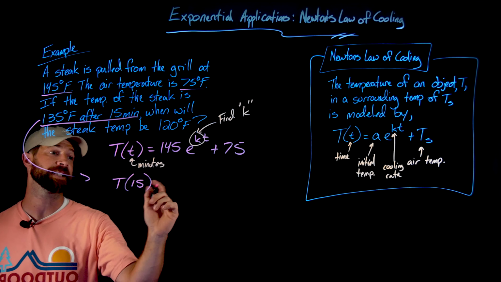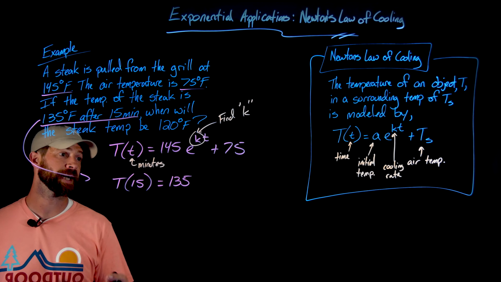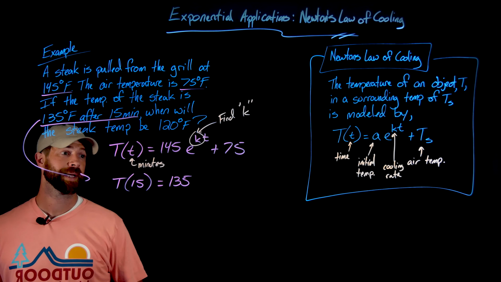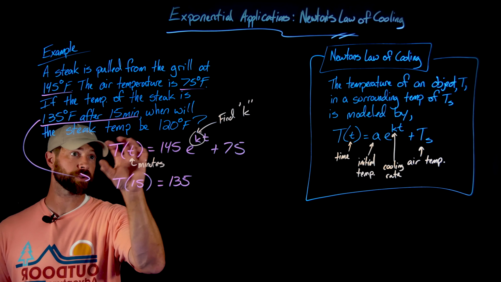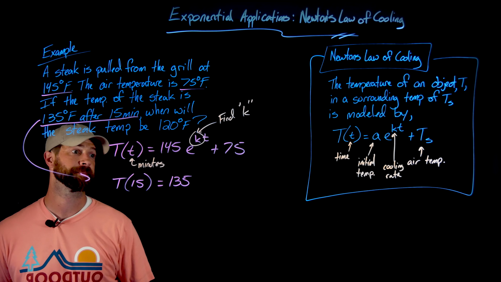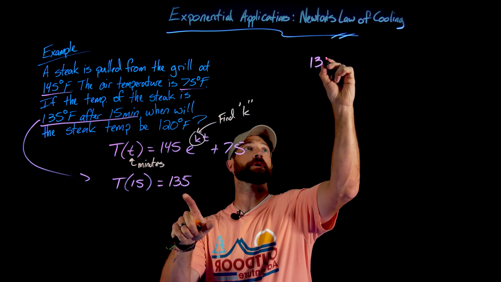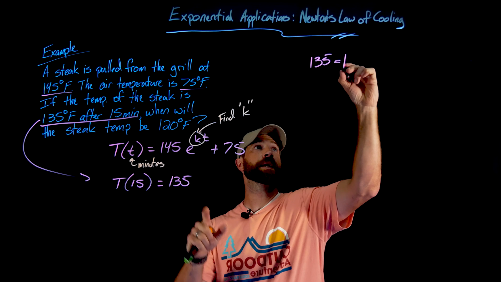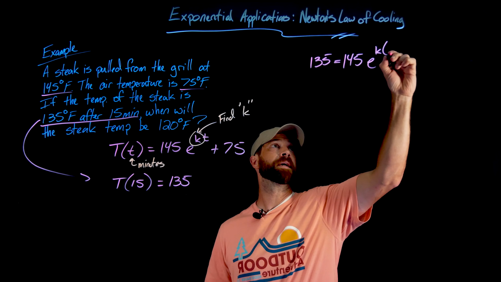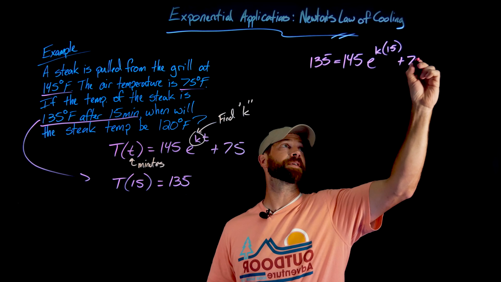I'm going to use this information to find k. This function outputs 135 when I input a 15 for t, so we write 145 e to the k times 15, plus 75.